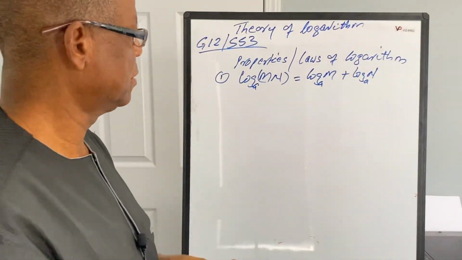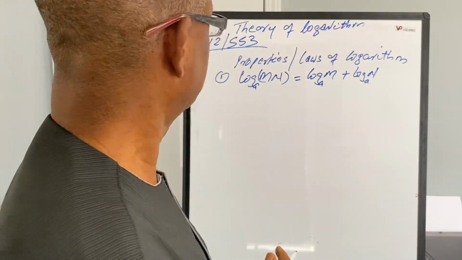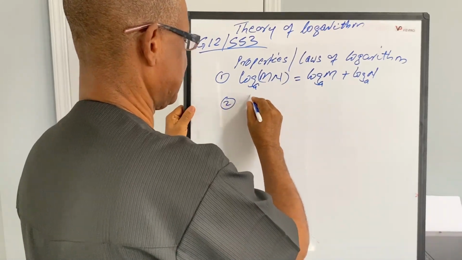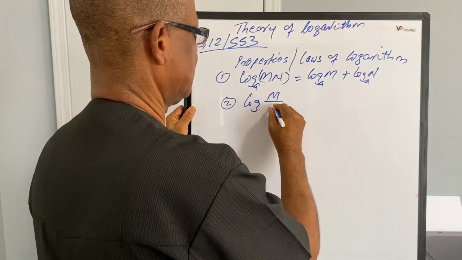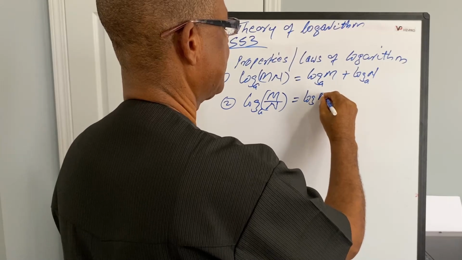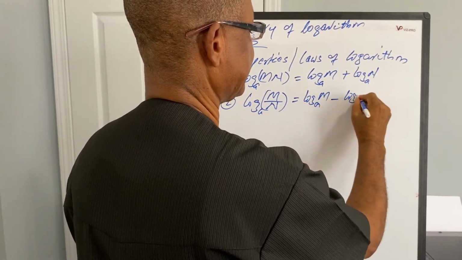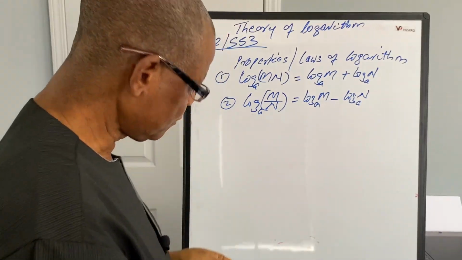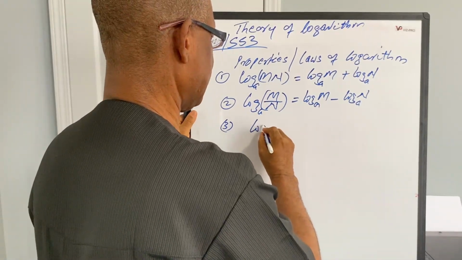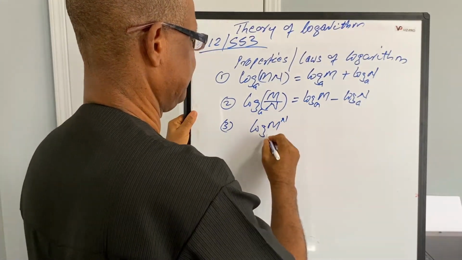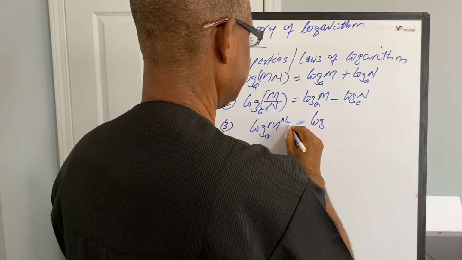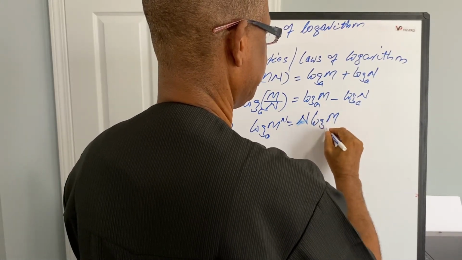That is the product property of logarithm. We also have the quotient, log m over n base a, which gives log m base a minus log n base a. We also have the power property, log m raised to power n base a, which gives n log m base a.